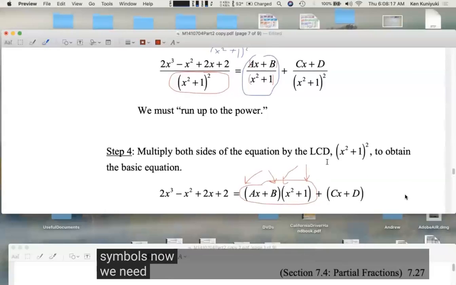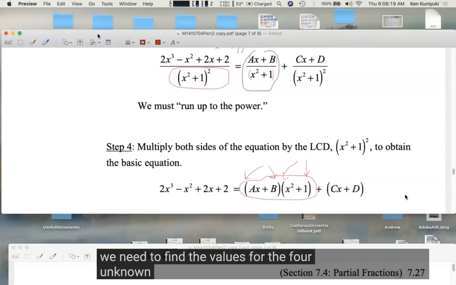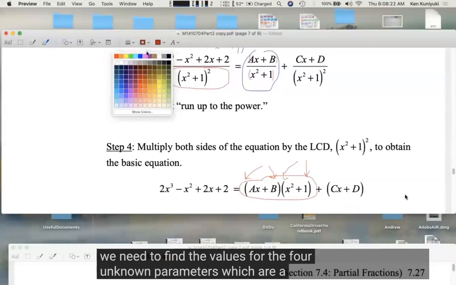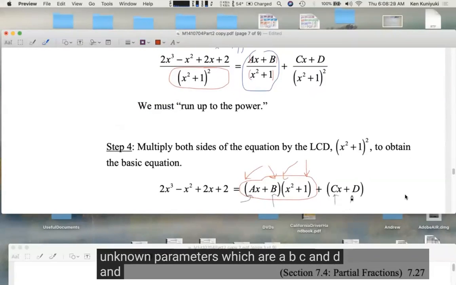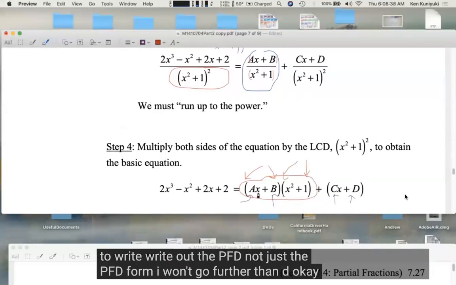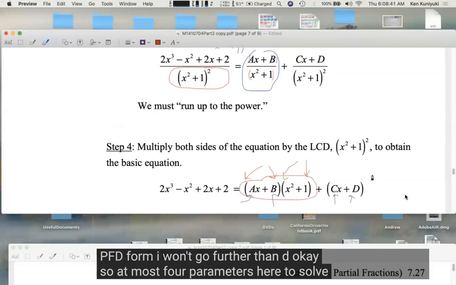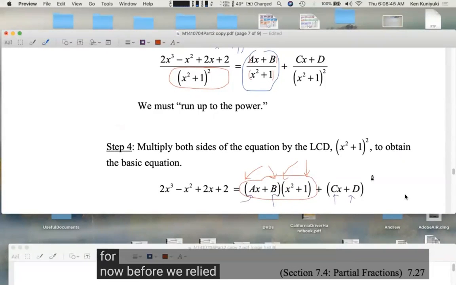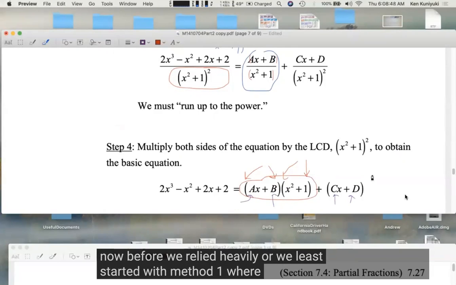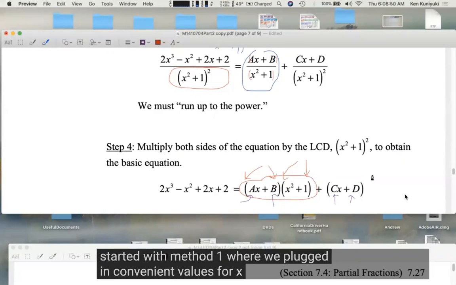Now, we need to find the values for the 4 unknown parameters, which are A, B, C, and D. And on homework and exams, if I ask you to write out the PFD, not just the PFD form, I won't go further than D. Okay, so at most 4 parameters here to solve for. Now, before, we relied heavily, or we at least started with method 1, where we plugged in convenient values for x.